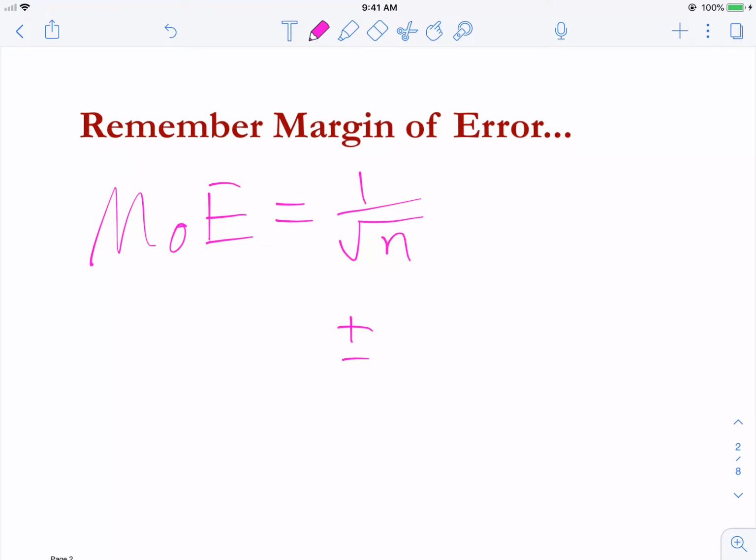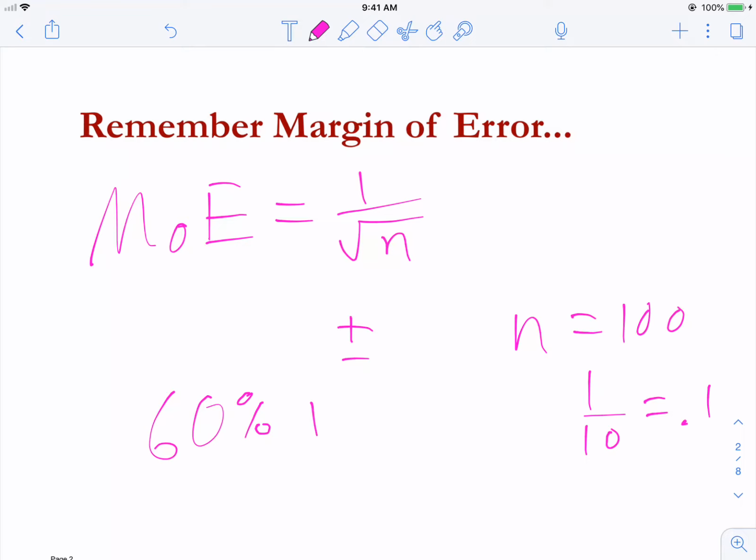So let's say that you had 60% of your sample favoring candidate A in an upcoming election, and the sample size was 100 people. 1 divided by the square root of n, okay, square root of 100 is 10, so you're looking at a margin of error of 1/10 or 0.1, so that would mean that your confidence interval would say you believe that 60% with a margin of error is going to be between plus or minus 10%.